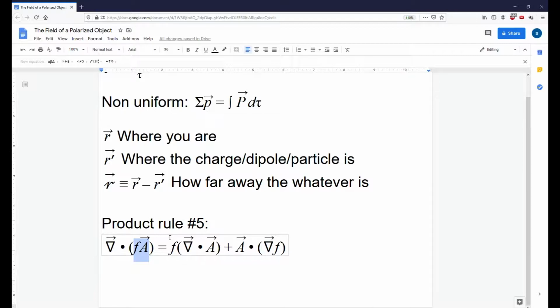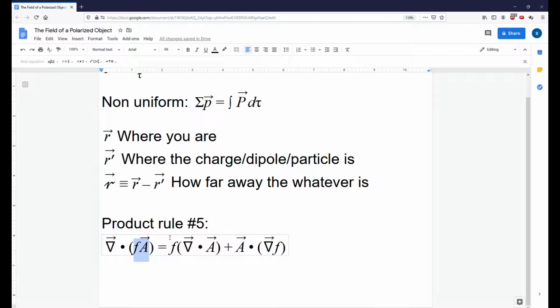Well, 1 over 4 pi epsilon naught times the integral of 1 over r times something, that something is a charge, because remember, potential of a point charge is 1 over r.